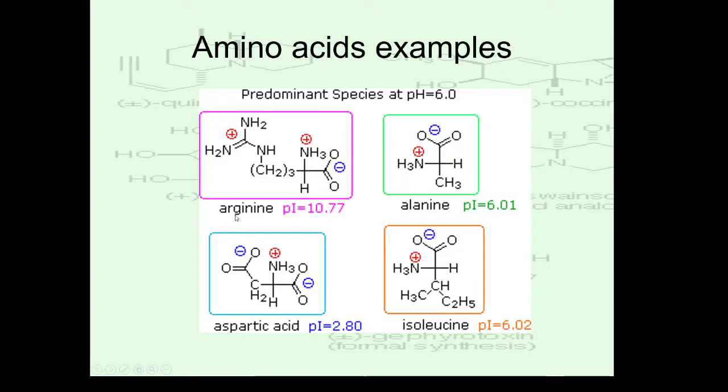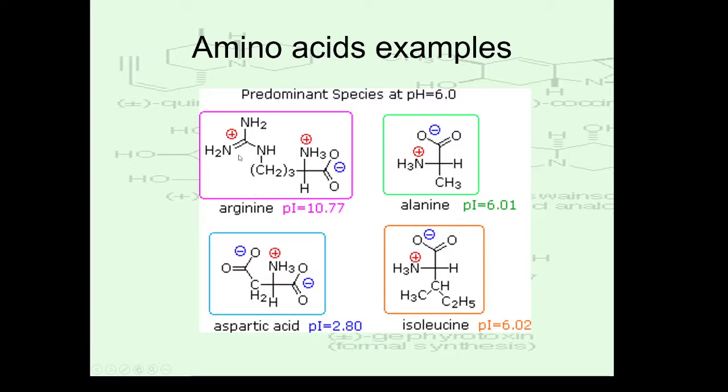Over here with arginine, I've got two possible amine groups, here and here, and a carboxylic acid group there. In aspartic acid, I've got two carboxylic acid groups and one amine. Now, I'll point this out.